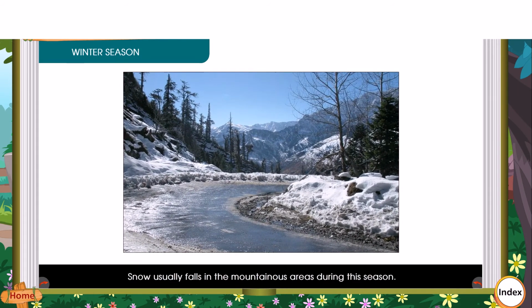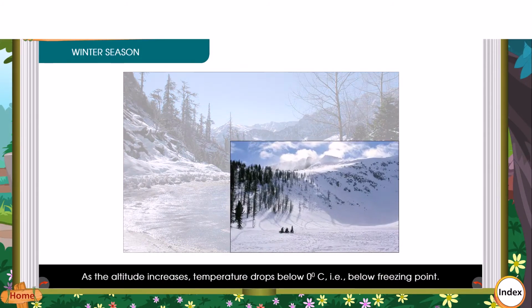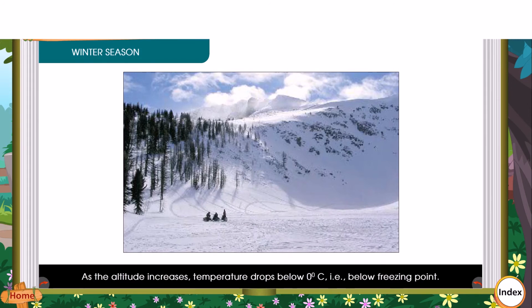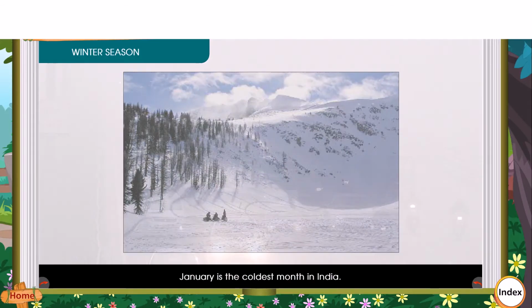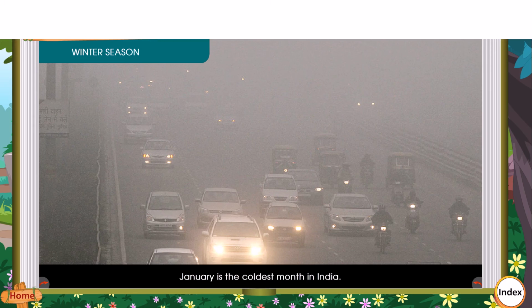Snow usually falls in the mountainous areas during this season. As the altitude increases, temperature drops below 0 degrees Celsius, that is, below freezing point. January is the coldest month in India.